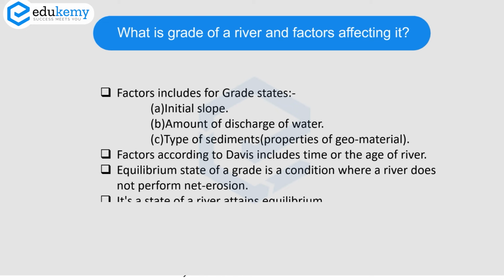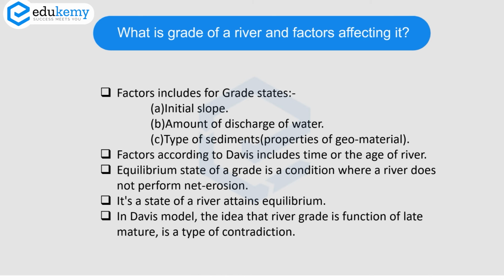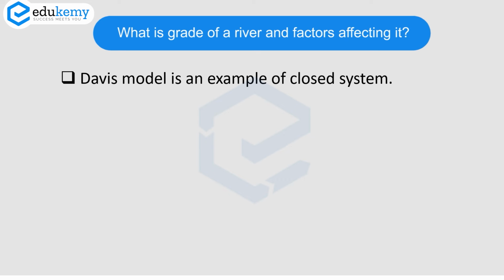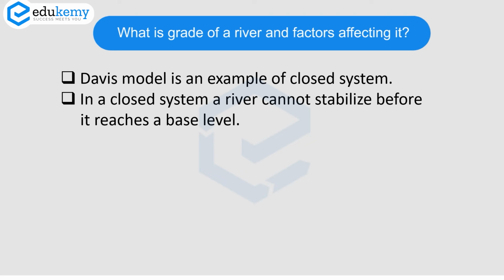Now what I'm saying is that in Davis model, the idea that river grade is a function of late mature is a type of contradiction, because if you remember, Davis model is an example of closed system. In a closed system, a river cannot stabilize before it reaches the base level.